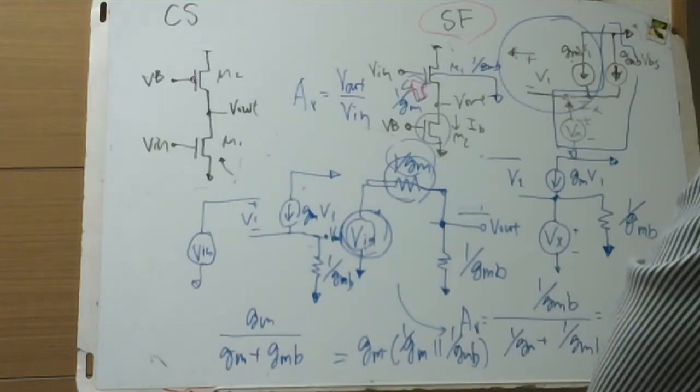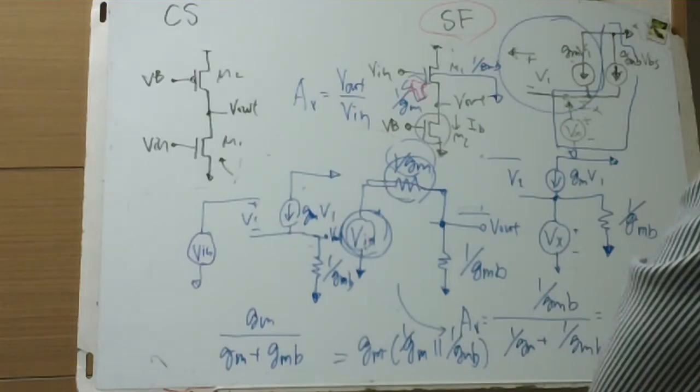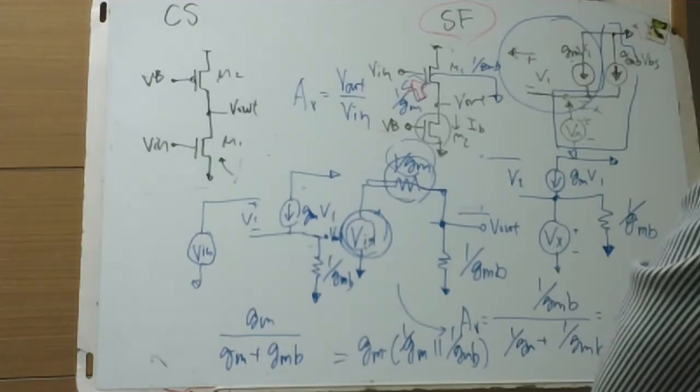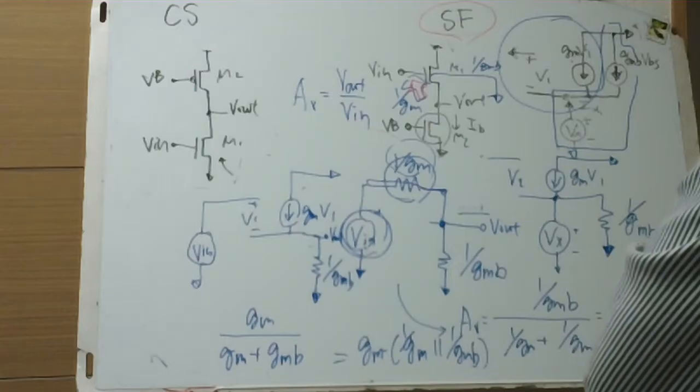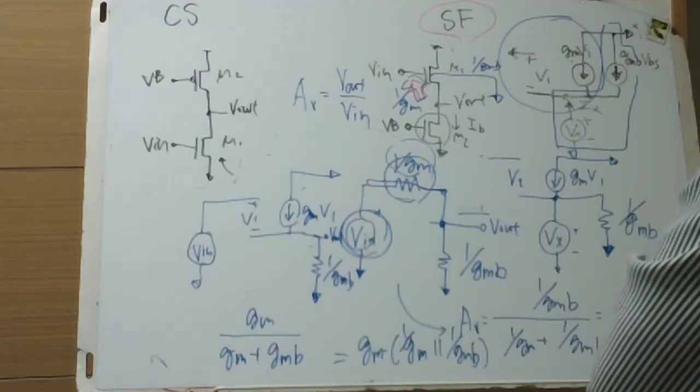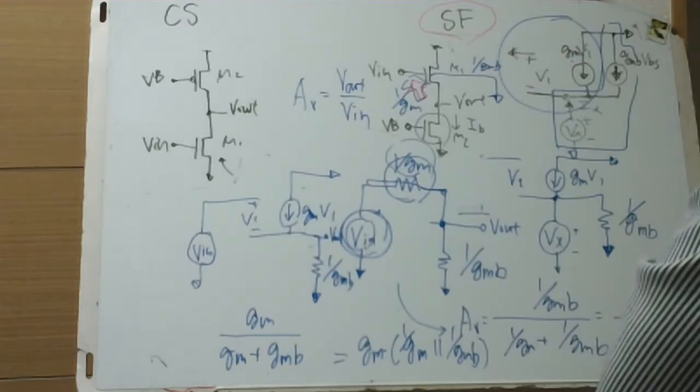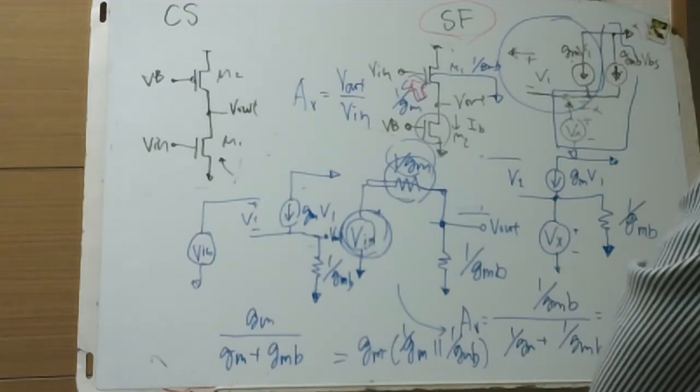So equivalently, it's some kind of weird trouble in V1, ground to V1, Gmb V1.